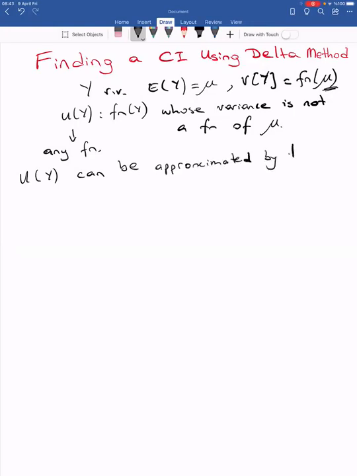It is approximated by the Taylor series expansion about our parameter, let's say mu here. It can be theta also. So how can we do that?